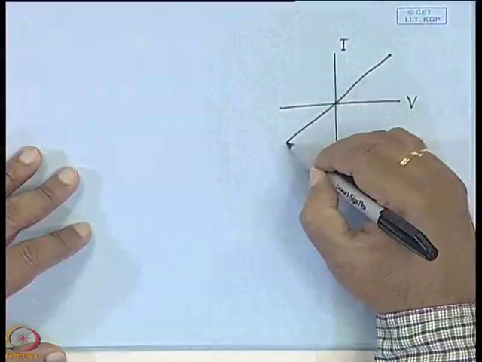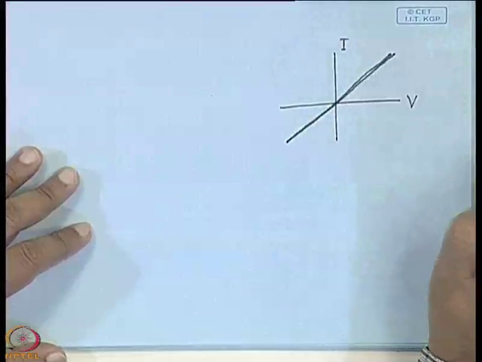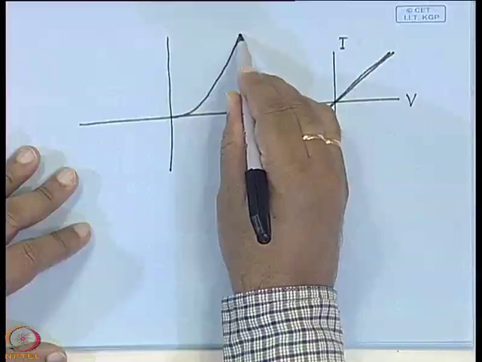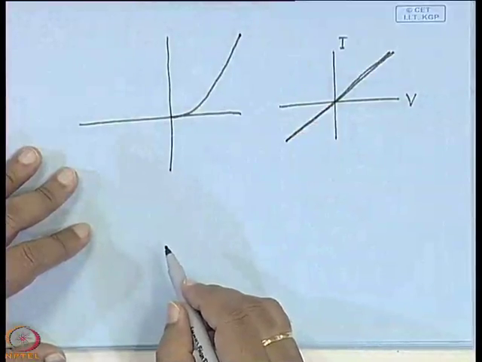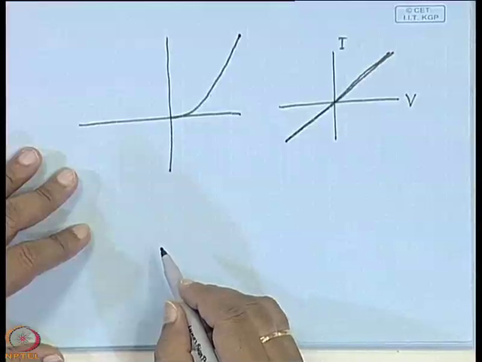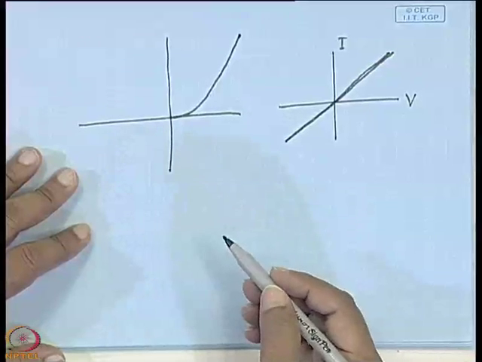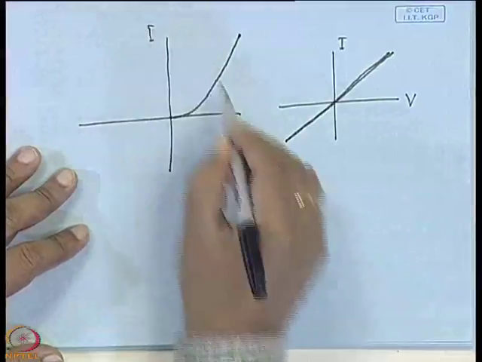So, this is the characteristic of ohmic contact, and if it is not an ohmic contact, then the characteristics will follow such a curve, which is known as the Schottky contact or the rectifying contact. This is the IV characteristics.